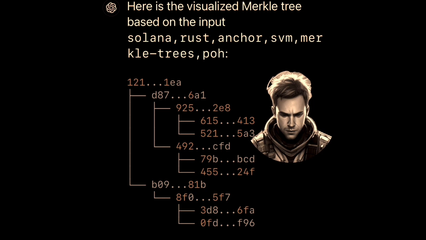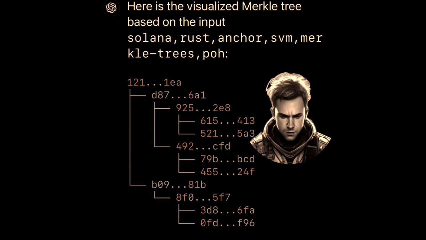If you look at the right side, where it's like 615, 521, 79B, 455, 3D8, 0FD, those are the words converted to just the hashes. Literally the program takes the characters, mixes them up, and converts them into hashes.